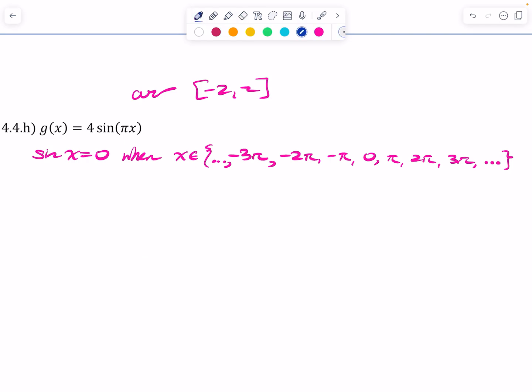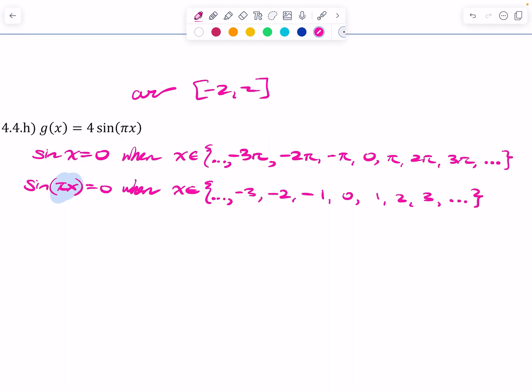Now, if we're looking at sine of pi x, note that this causes a compression on the graph by a factor of pi. So any x values that existed on the graph of y equals sine x are going to turn into whatever those are divided by pi, which means that these happen when you're at -3, -2, -1, 0, 1, 2, 3, and so on.